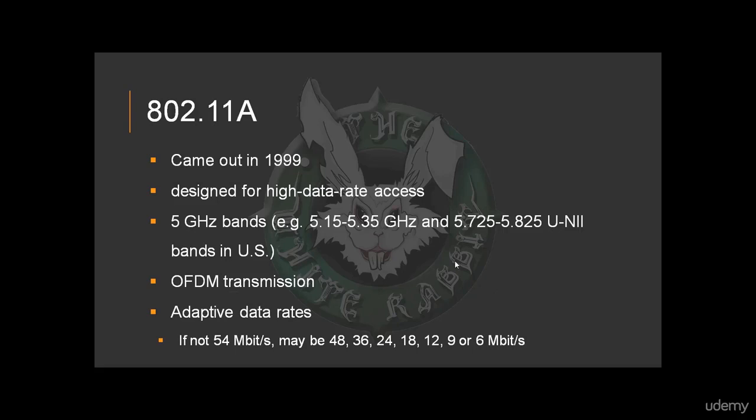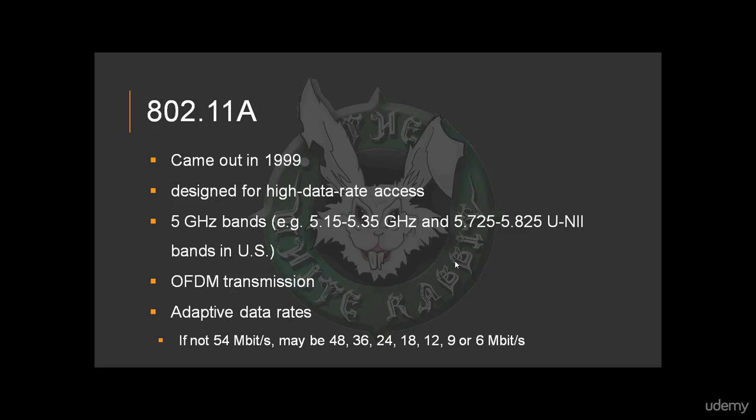There are pros and cons of using 2.4 GHz versus 5 GHz. 5 GHz propagation is not as good, so the signals do not propagate as far. But 802.11a has the benefit then of operating in a less cluttered band, because in 2.4 GHz you can find lots of other transmitters there, other systems.